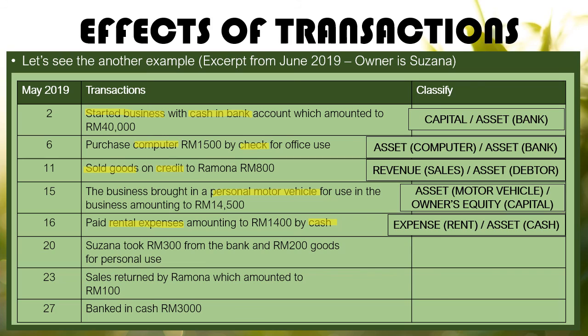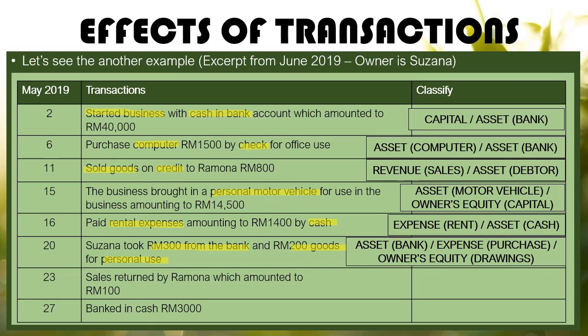Kemudian Suzana took 300 from bank. Dia ambil duit. Kemudian dia ambil goods untuk kegunaan sendiri, drawing. See the word personal use, so please assume it to be drawing. Dan asset bank, asset berkurang, expense kita berkurang sebab dia ambil goods. Kemudian owner equity pun berkurang sebab dia buat drawing.